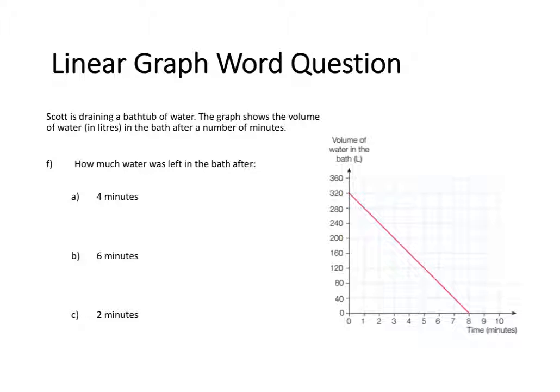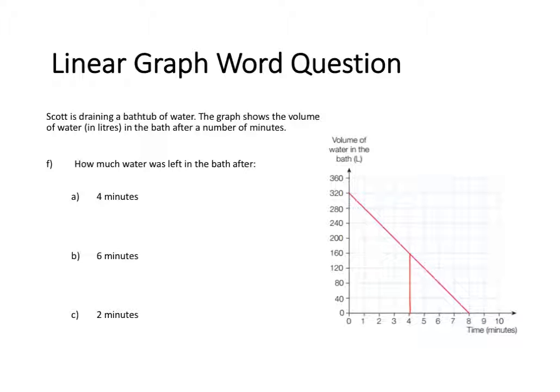Part F of the question asks us how much water is left in the bath after 4 minutes, 6 minutes, and 2 minutes. I can use the graph to answer that. My first step is to find 4 minutes along my x-axis and draw a line up until it meets the line.